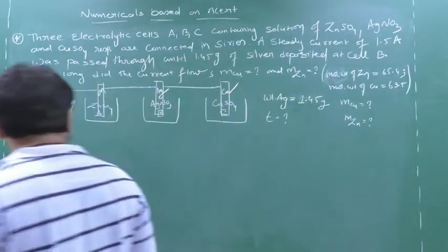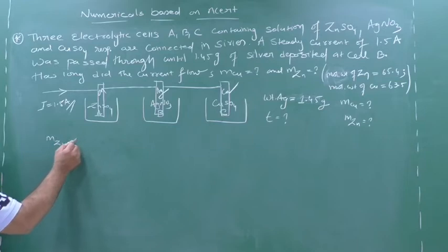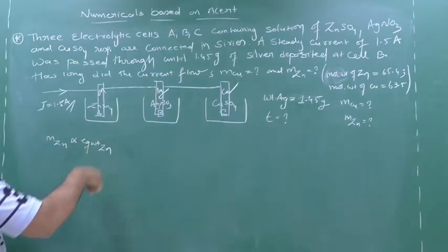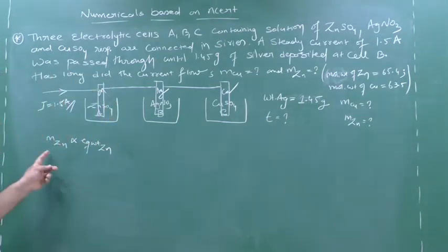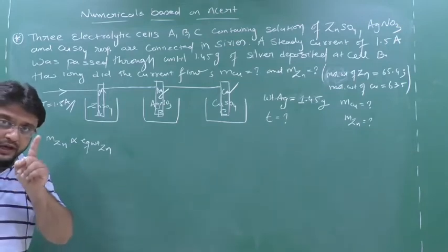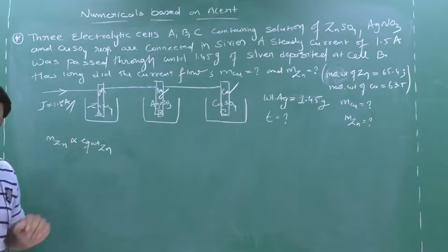So the mass of zinc will be directly proportional to the equivalent weight of zinc.